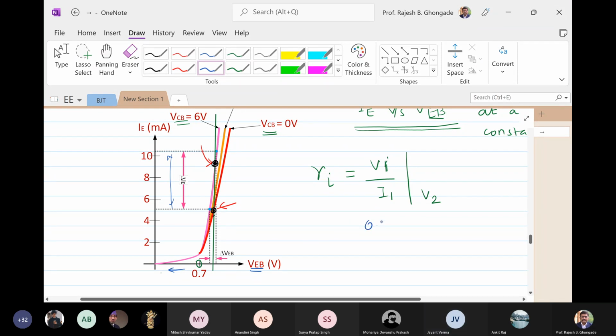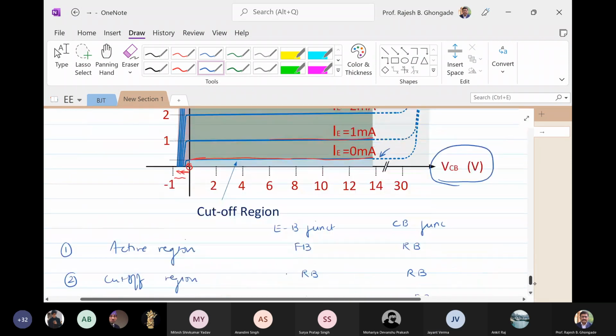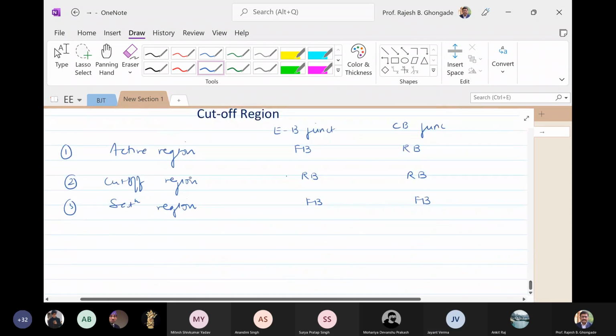Anything less than 0.7 volt we'll call it as a reverse bias. तो एमिटर बेस जंक्शन रिवर्स बायस हो गया। इसीलिए मैं बोल रहा हूँ कट ऑफ रीजन कब होगा? जब एमिटर बेस जंक्शन रिवर्स बायस है और कलेक्टर बेस जंक्शन भी रिवर्स बायस है। ठीक है, समझ में आया?